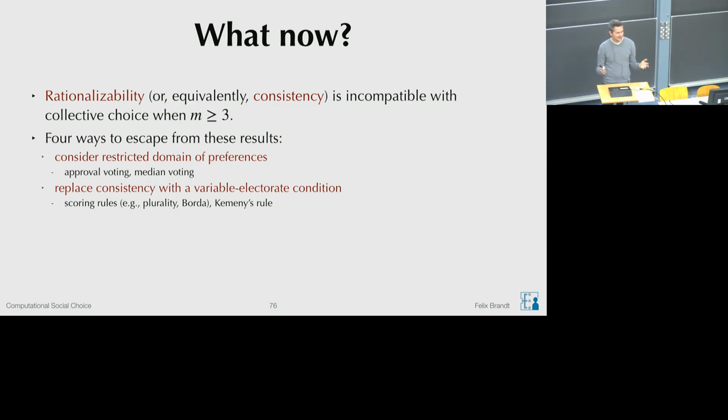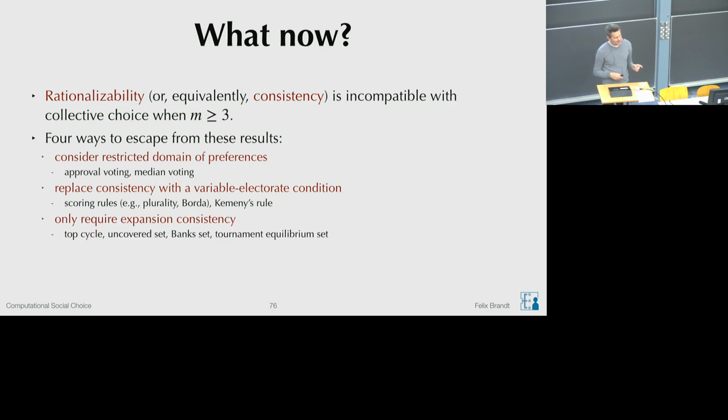It seems like gamma, but it's really for different sets of voters rather than different sets of alternatives. And this condition is very fruitful because it can be used to characterize scoring rules, like Borda's rule, plurality, and then later on we will also characterize a rule which is computationally very interesting, which is called Kemeny's rule.